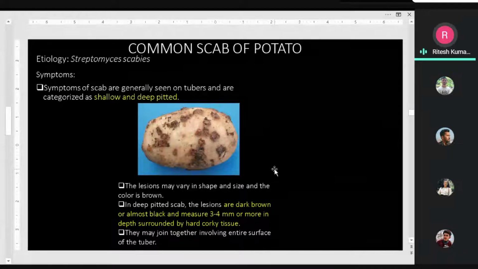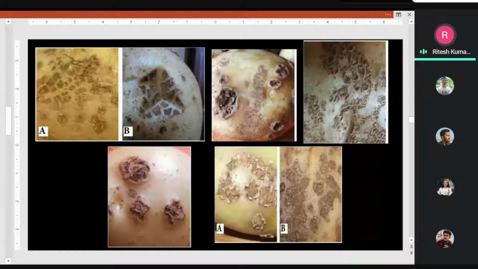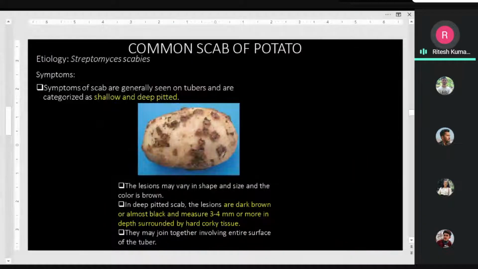So again, in this case, symptoms may be variable. Different kinds of symptoms may be seen. Some symptoms are known as rosetting symptoms. Some are known as irrumpent lesions. Some are deep pitted, and we'll discuss those things. So multiple types of symptoms.